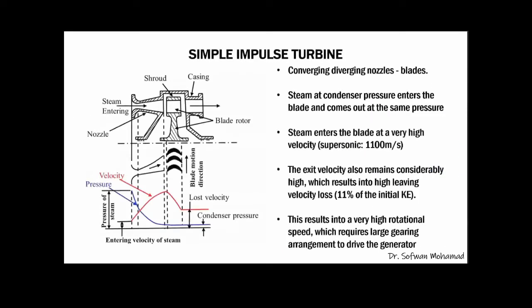Now we want to look into the simple impulse turbine. This is the construction of a simple impulse turbine, which consists of a converging, diverging nozzle here, and then this is the blade or the rotor.